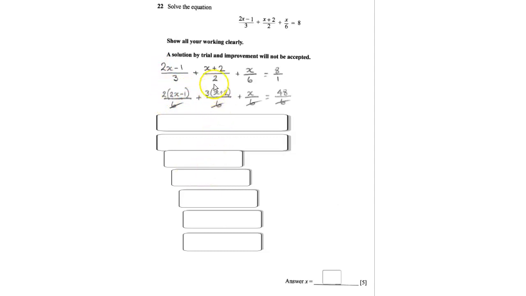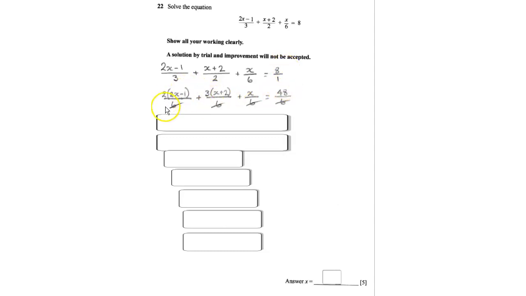Then the next one is basically 2, we times that by 3. So we have to times the top by 3, which you can see here is 3 times, and by timesing it, you put it into brackets, so it's 3 times x plus 2. The third fraction you didn't have to change because it was always at 6, so it stays the same. The next one you had to times by 6, so you have to times the top part by 6 as well.